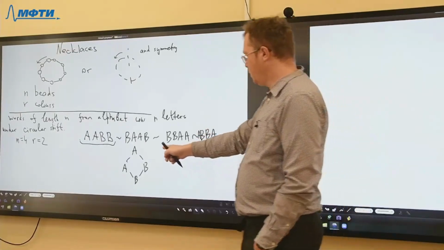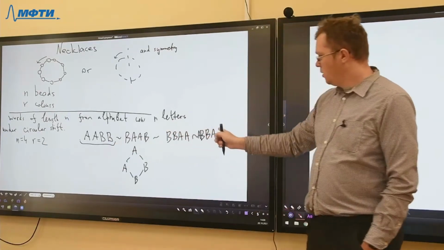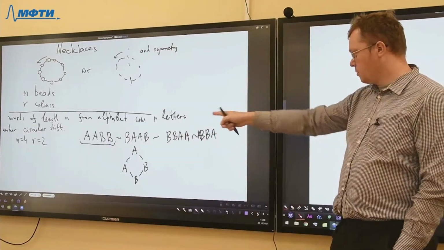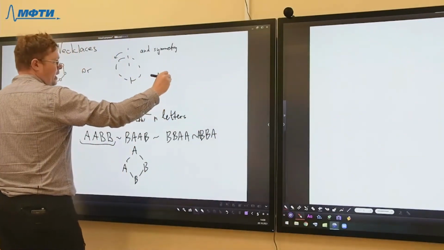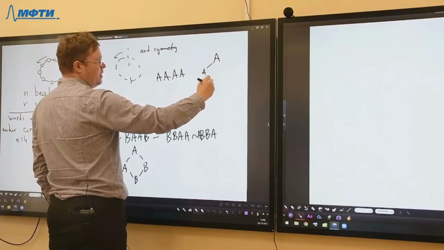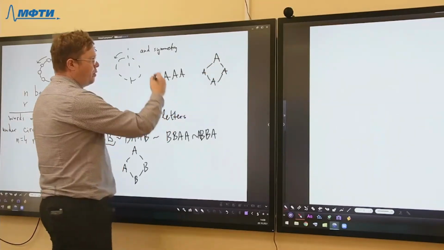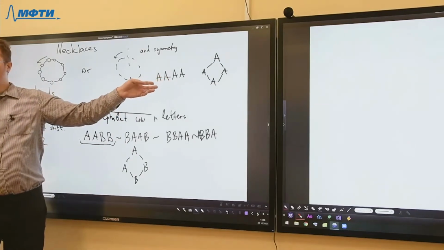For example, if you take this word AABB, we have four equivalent elements. But if we take, for example, the element AAAA, then we have only one element in the equivalence class, because if we shift it, it remains the same.